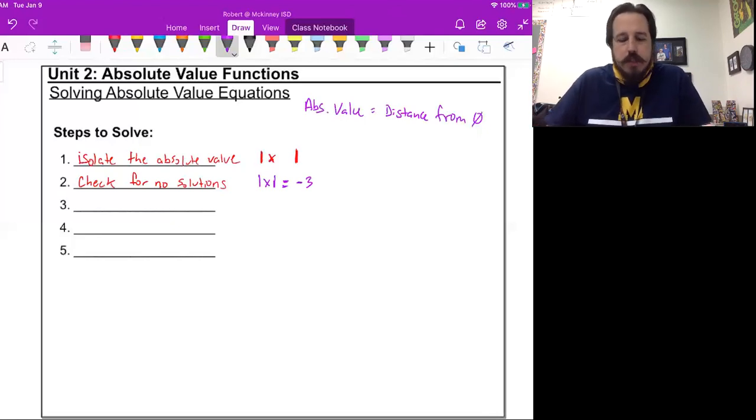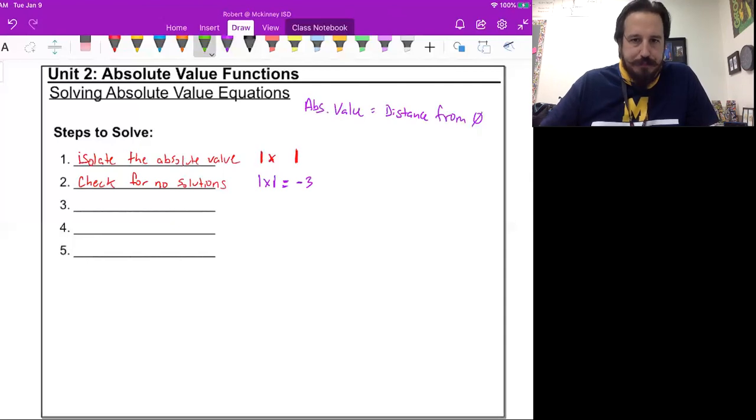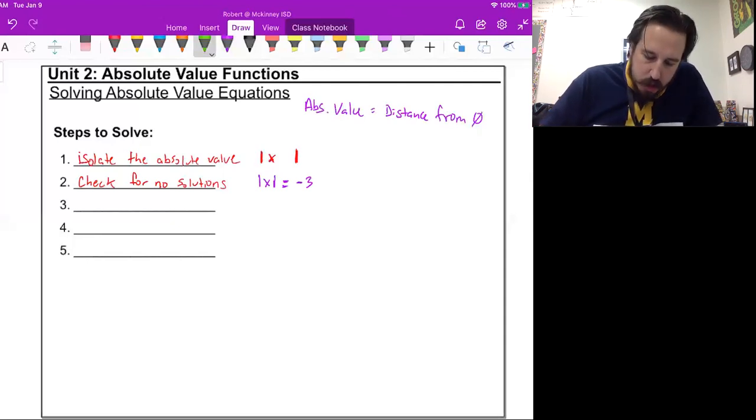Okay. So after we've isolated and we check to see that what we equal is a non-negative number, we will write 2 equations. We'll call them 2 OR equations. One that is positive and one that is negative.